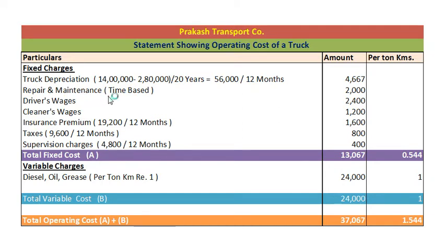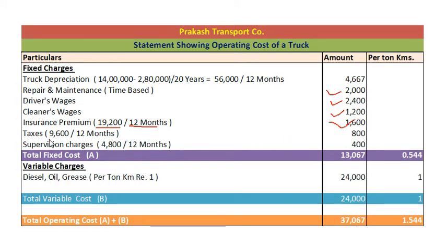Then repair and maintenance. Dear children, here repair and maintenance charge is given time based, so it is recorded as a fixed charge, rupees 2,000 per month. Driver's wages rupees 2,400 per month. Cleaner's wages rupees 1,200 per month, both are fixed charges. Insurance premium rupees 19,200 per annum, divided by 12 months, so per month it is 1,600.